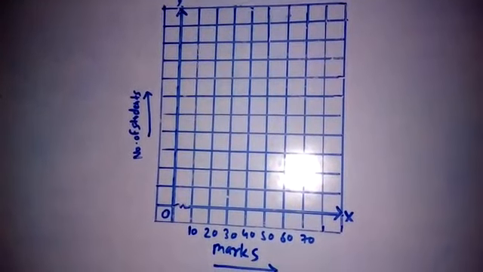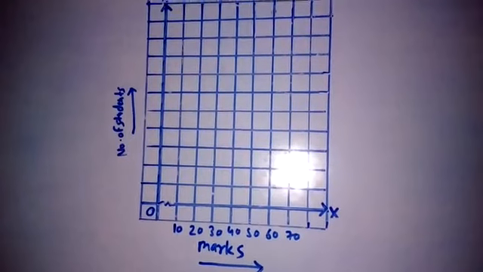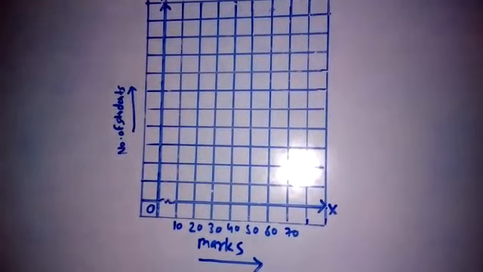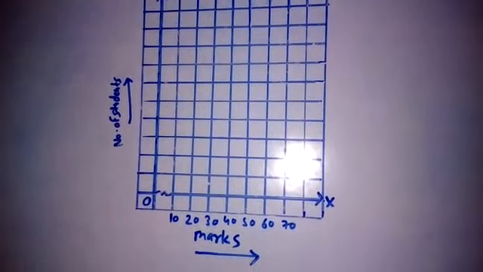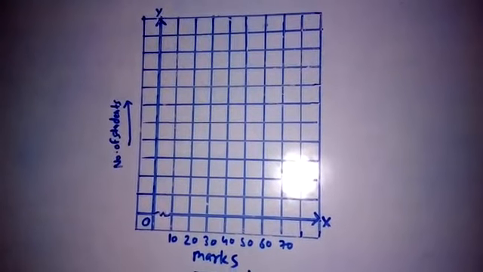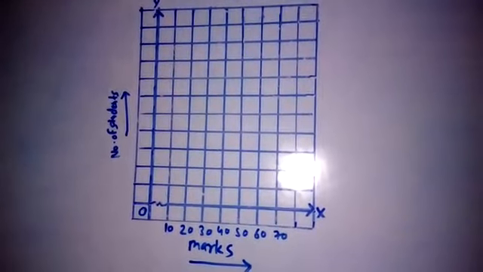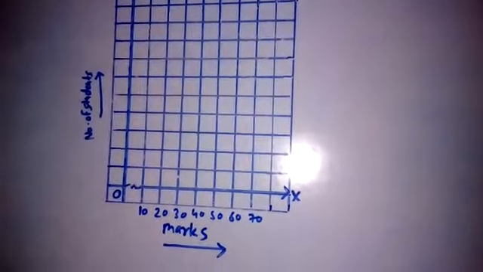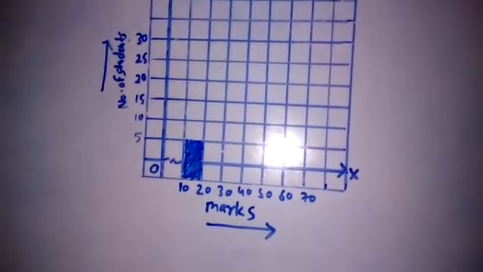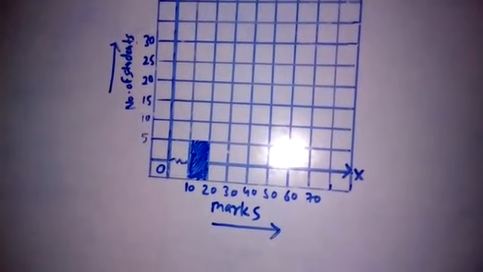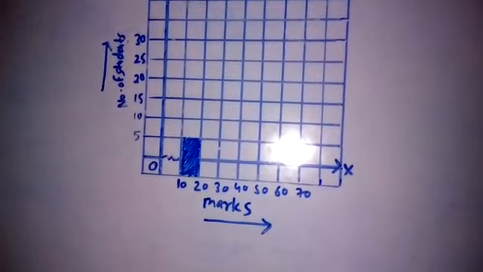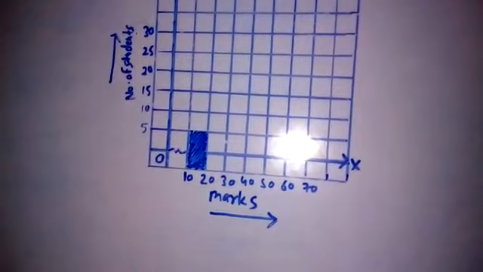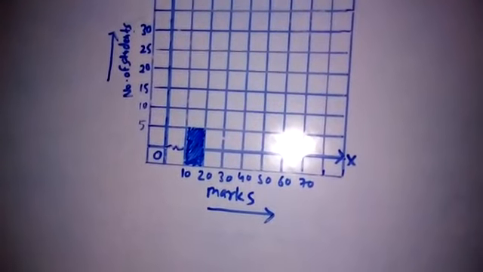Now between 10 to 20 we have only 5 students. We try it. It is 10 to 20 having 5 students, so here we will draw and fill it up to 5 students.